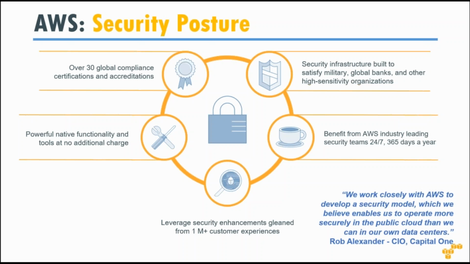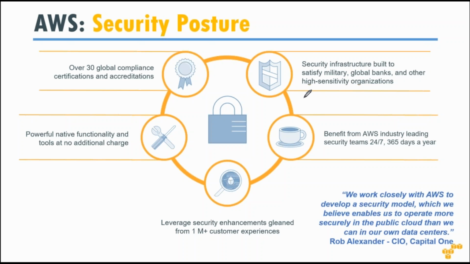I feel that is a very powerful quote because Capital One is one of the bigger financial institutions in the United States, and if their CIO says that Amazon is more secure than my own data center, that is a very big statement in my opinion. It should be easy to follow that lead and pick up Amazon.